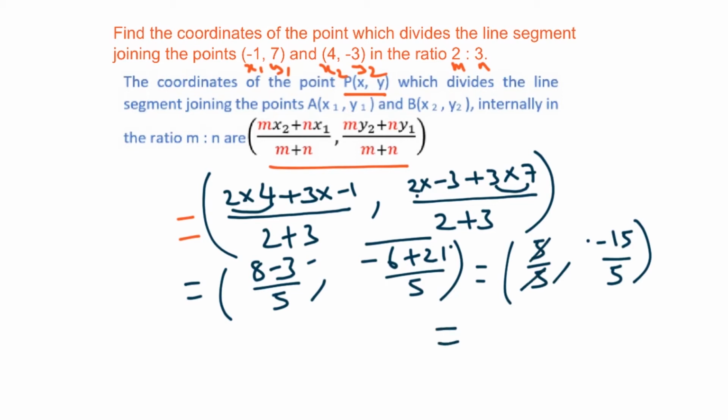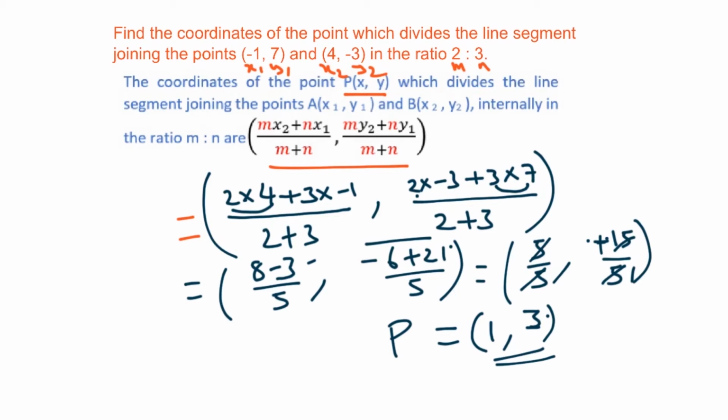So 5 divided by 5 is 1, and 15 divided by 5 is 3. So the point which divides the line segment in the ratio of 2:3 is (1, 3).